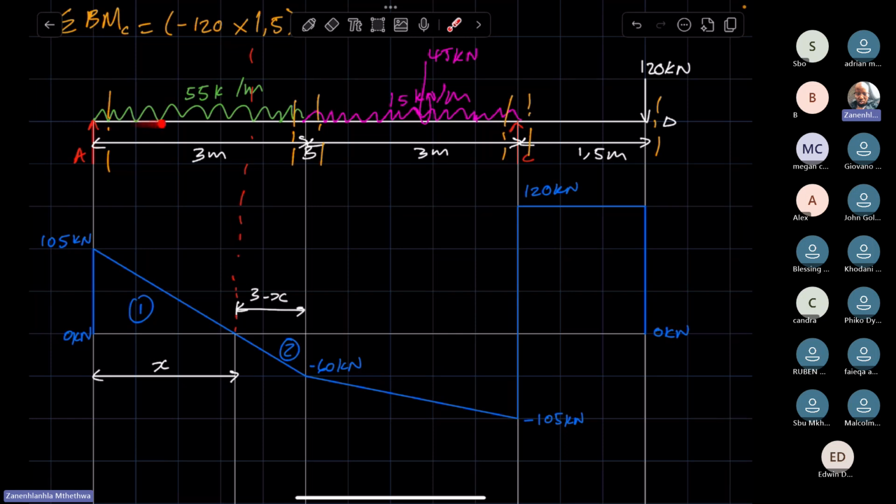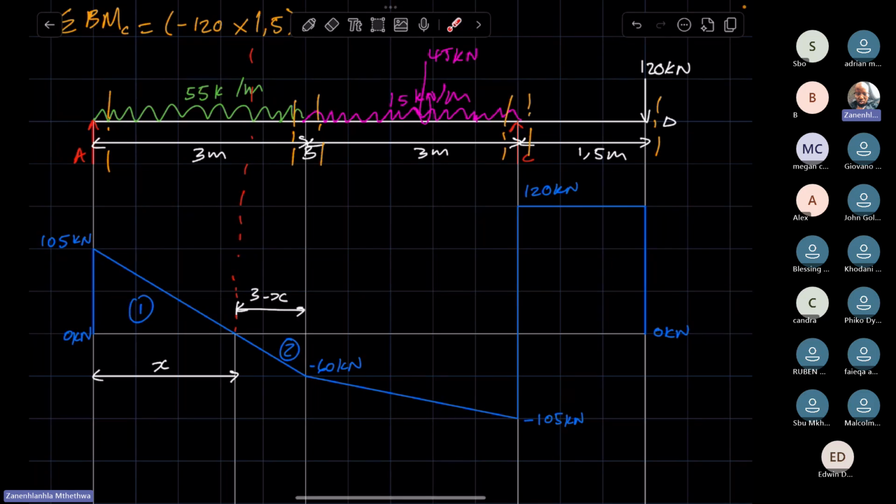now we consider the UDL, right? But again, we do not consider the entire span of the UDL because you're only looking at this span of the beam. Now, how do we resolve a UDL? By multiplying it by its span.